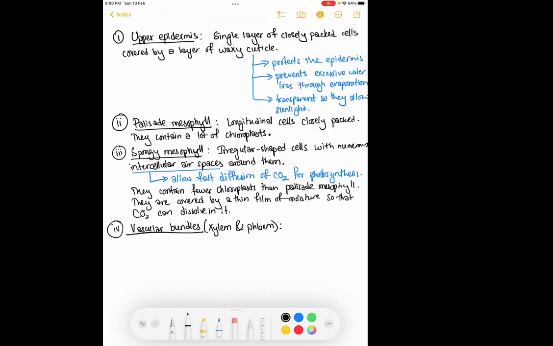They bring water and mineral salts to all the photosynthetic cells, to be distributed efficiently, and they also take away all the food products to other parts of the plant. So they're just there for transportation. I write it in blue because these are all the functions.